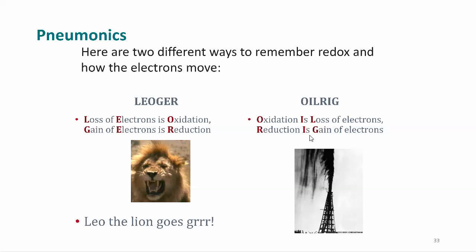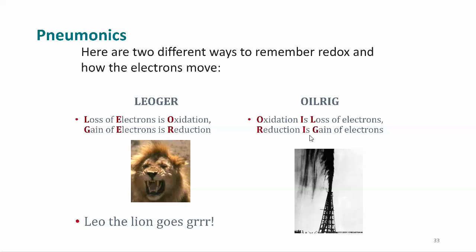Now, sometime when I was in college, someone introduced me to the idea of OIL RIG. It works as well. Oxidation is the loss of electrons, OIL. Reduction is the gain of electrons, RIG. Put them together, OIL RIG. Understanding that in both cases, the electrons lost go to the thing that gains them.